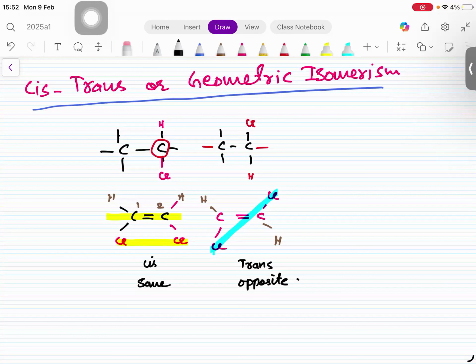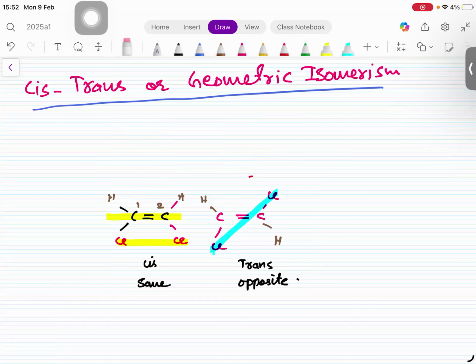So if you look at these two compounds, I'm going to erase this. If you look at these two compounds, both these compounds' molecular formula is C2H2Cl2. Both these compounds' structural formula is the same. This is 1,2-dichloroethene.